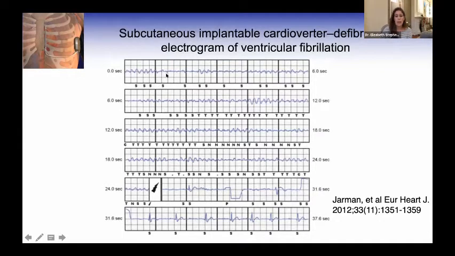You can see there is lots of undersensing when the VF is more of a fine VF. The device does detect and start to charge here, but then again it starts to undersense, and you have inappropriate markers missing the tachycardia, leading to a delay in shock. Thank goodness this patient eventually did get a shock, but it was quite delayed.